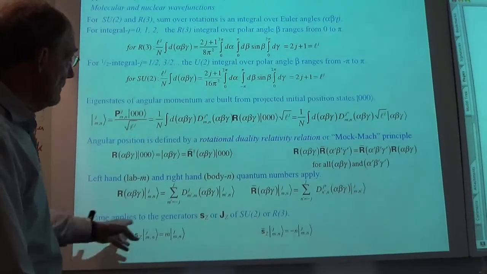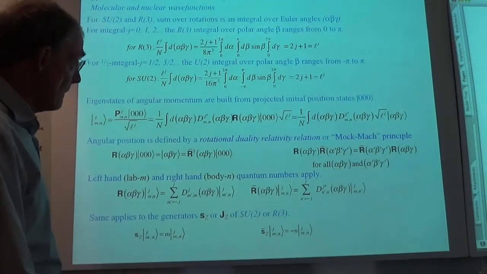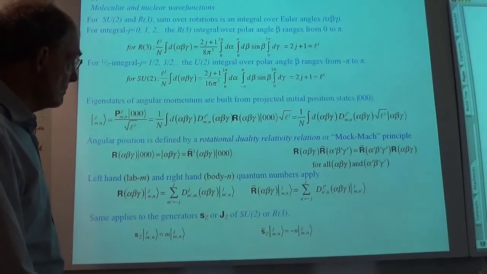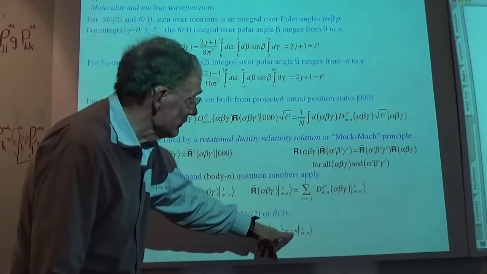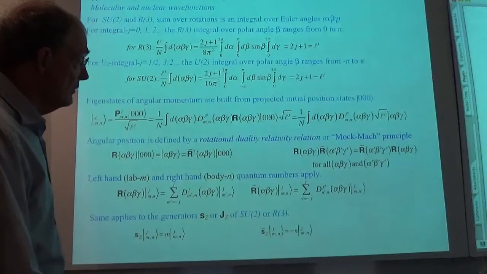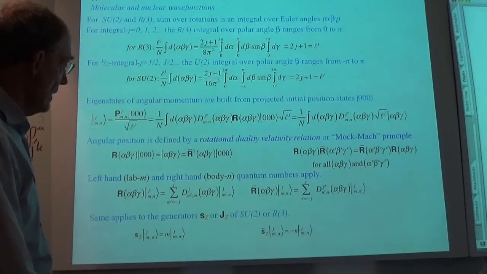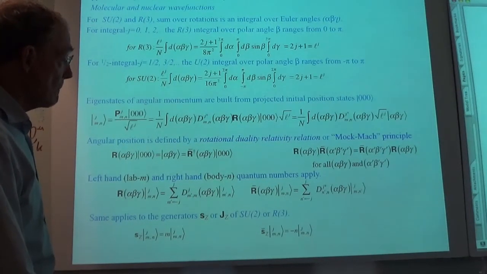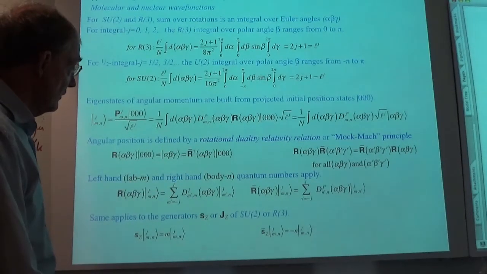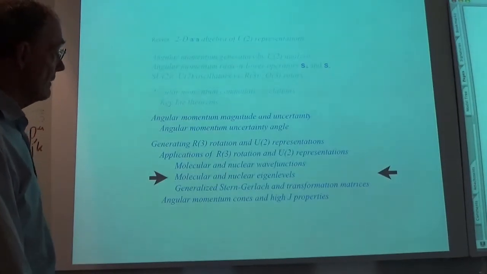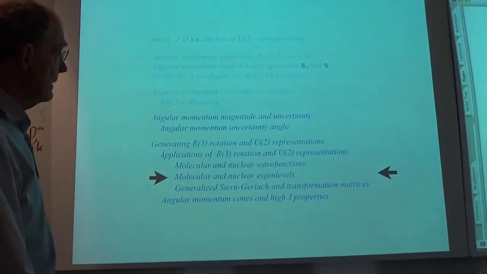And the same applies to the generators. The trouble with this one is it gives a minus m. That's the little detail that we're going to zoom by right here, but it's because it is a conjugation. It's turning the other way. Now let's look at this. This reversed sign is a nuisance.